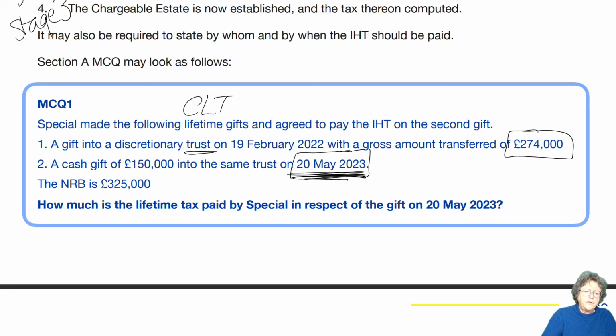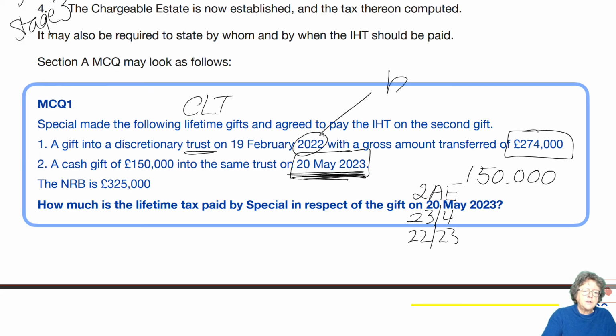So first things first, this gift here of 150,000, which is the one we're working on, will have 2 annual exemptions. It will have 23-24 and 22-23, because that's in 21-22. So we can take 6 off that, which leaves us down to 144,000.